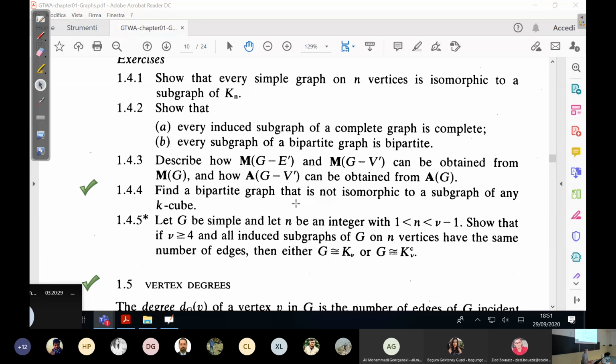First thing, you draw your graph. Second thing, you prove that no k-cube can contain it. But first of all, draw it, then we can discuss. This is a very concrete start. Draw the graph. The second part is much more difficult: prove that no k-cube can contain it.